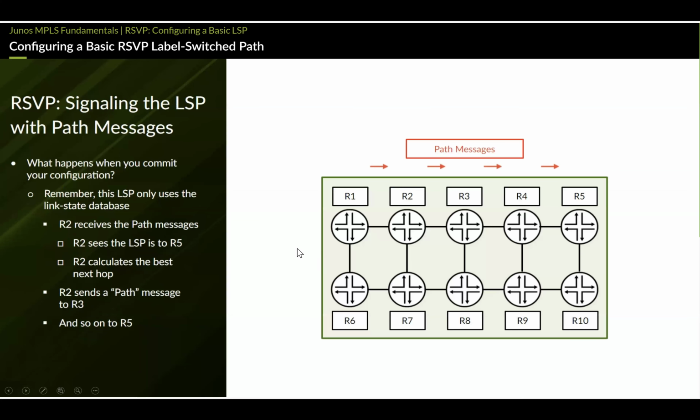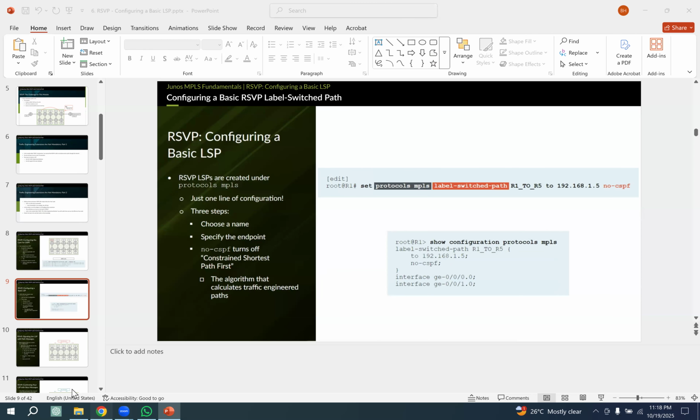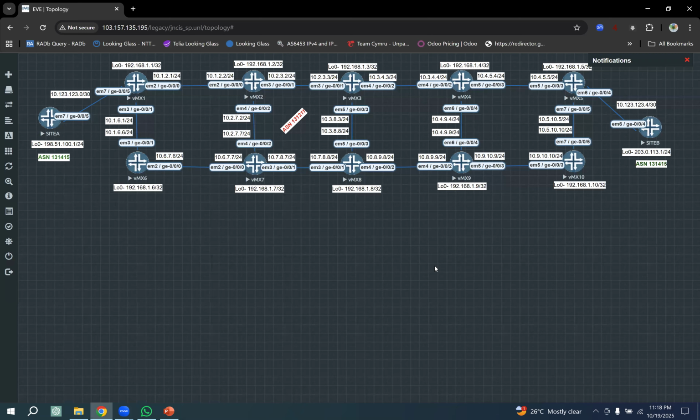So when you create an LSP, first we try to create an LSP here. Consider here router 1 is the P router that is connected. The CE router is site A, and another router is site B, which is connected with router 5, PMX5.